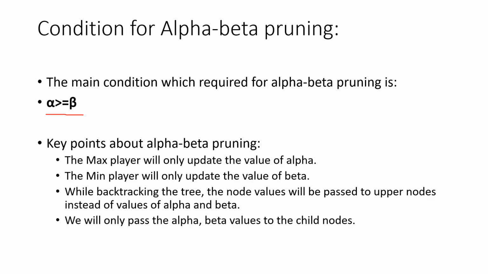Alpha and beta gate pruning, not the final utility value. Then we only pass the alpha and beta values to the child nodes. During recursive calls, the current alpha and beta bounds are passed downwards. This allows child nodes to decide early whether pruning is possible or not. So alpha and beta flow downwards, and the node values flow upwards.